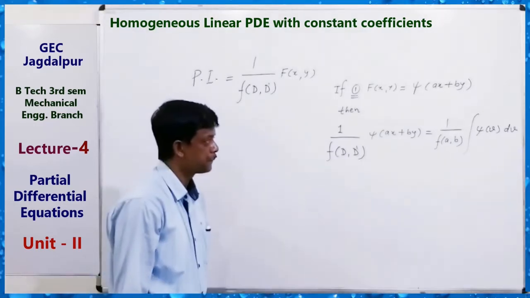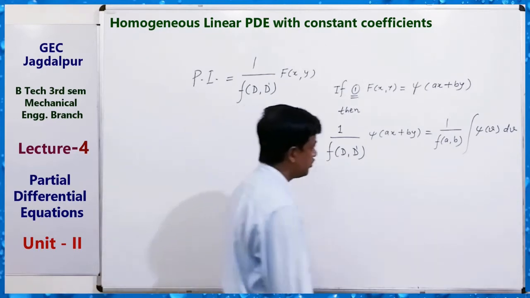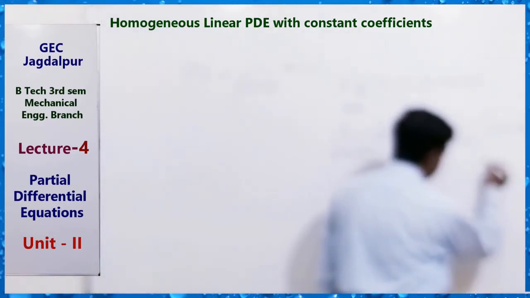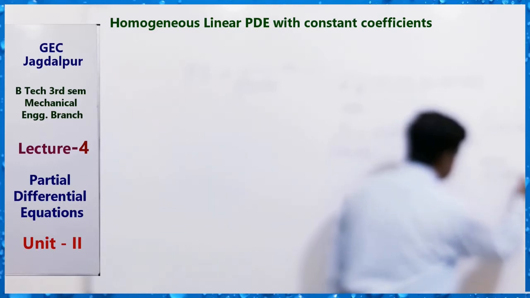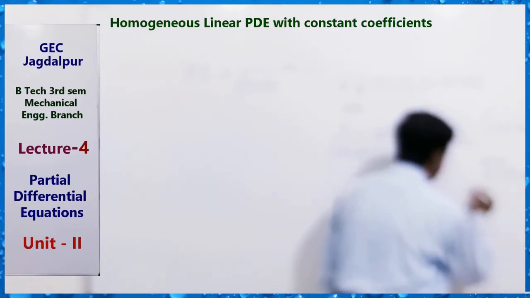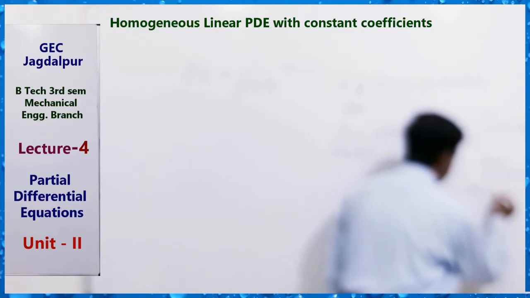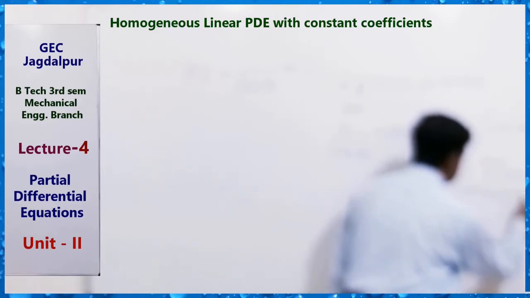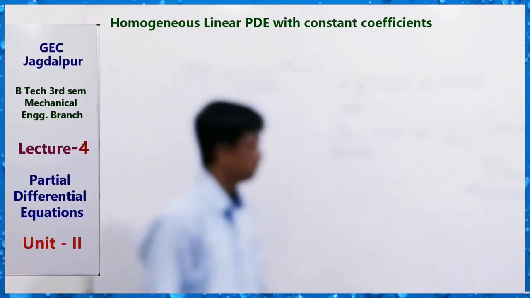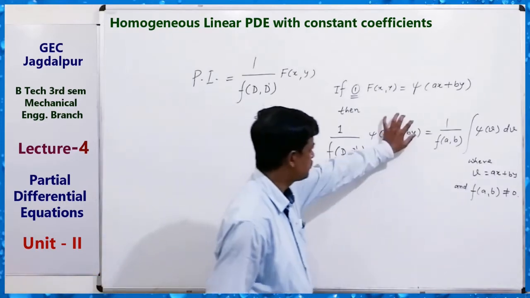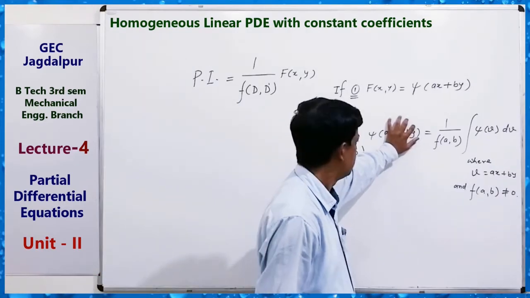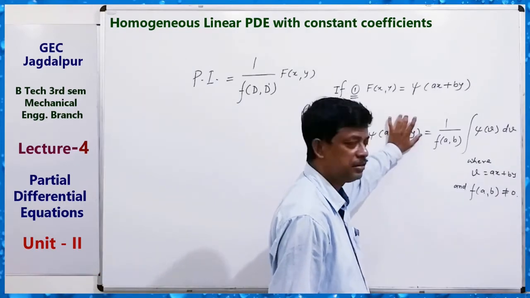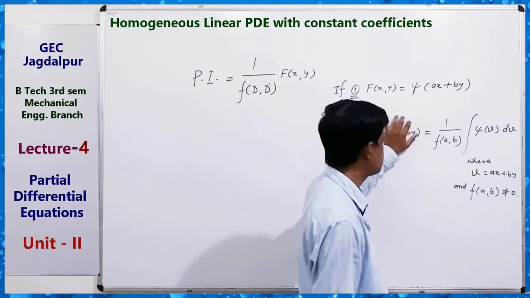Okay, where v equals ax plus by and f(a,b) is not equal to 0. Very simple: a single quantity, psi of v.